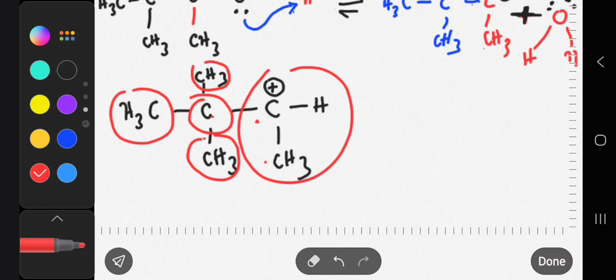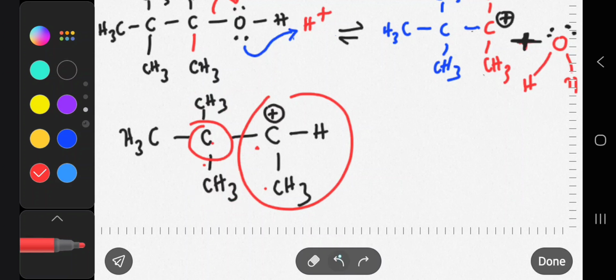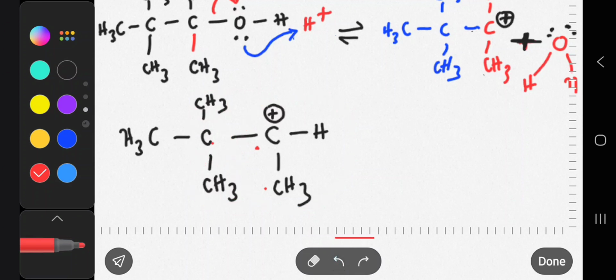So with that being said, stability is dependent upon the positions of the carbon. Since we know this is not the most stable carbocation, and we know that this particular one is the most stable, this carbon here is more stable than this.